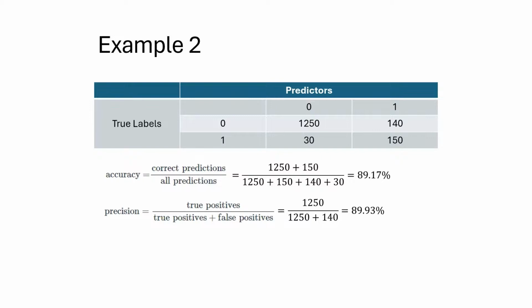However, the denominator increases because positive is 140. So 100 more incorrectly assigned to false positives reduces the accuracy and precision.